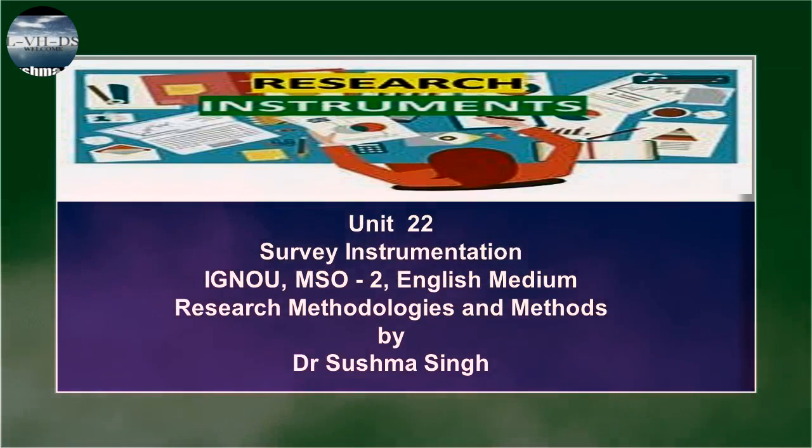The next one is avoid double-barreled questions. Make each question about one and only one topic. A double-barreled question consists of two or more questions joined together. It makes a respondent's answer ambiguous.